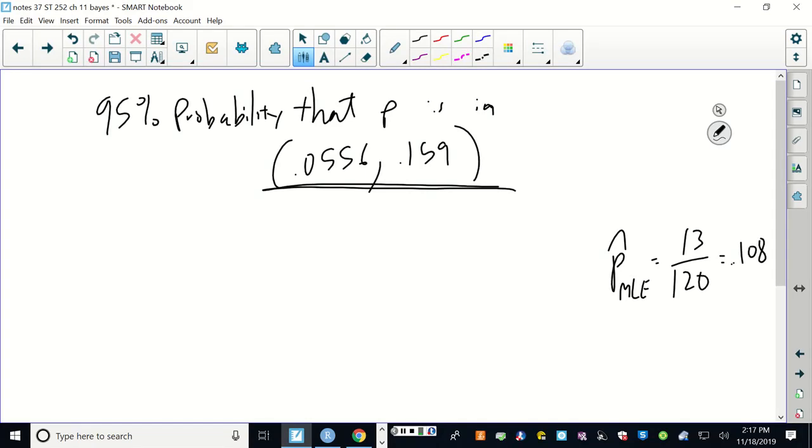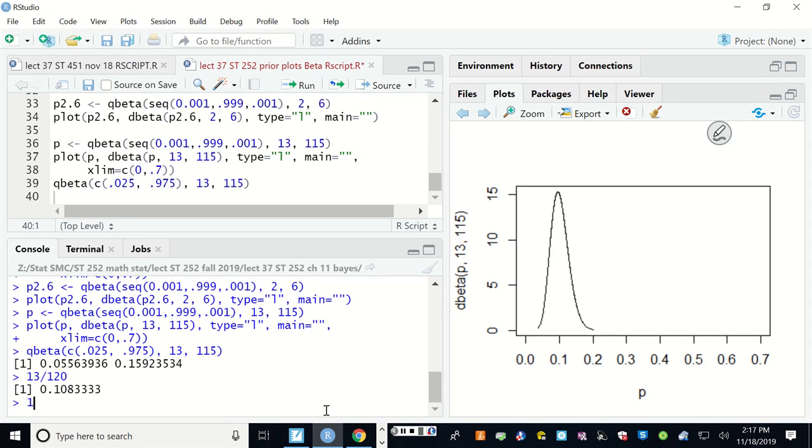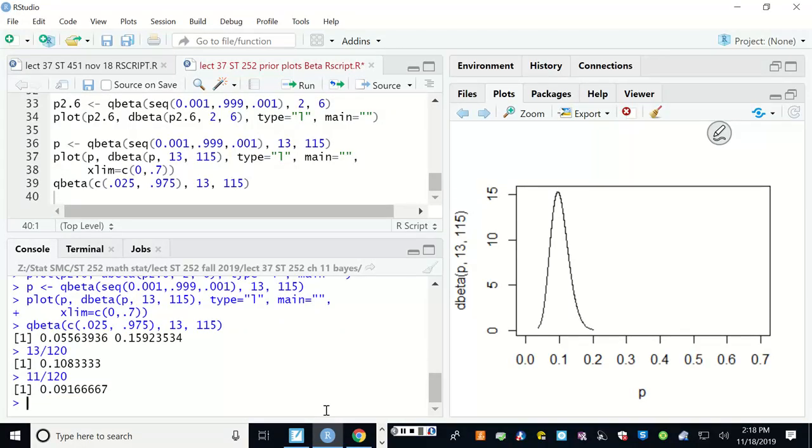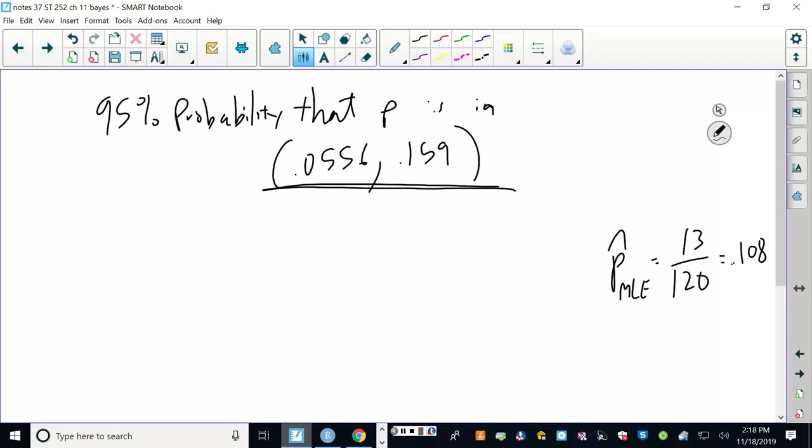The posterior mean, where we had 13, no, we had 11, right? Sorry, we started with 2. The posterior mean is not that, it's 0.09, because 2 of those were prior observations, so this would just be 11, right?